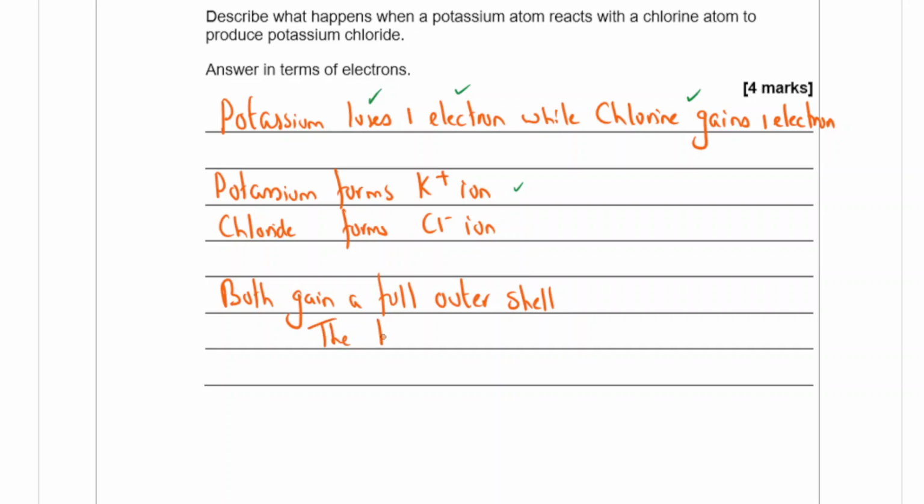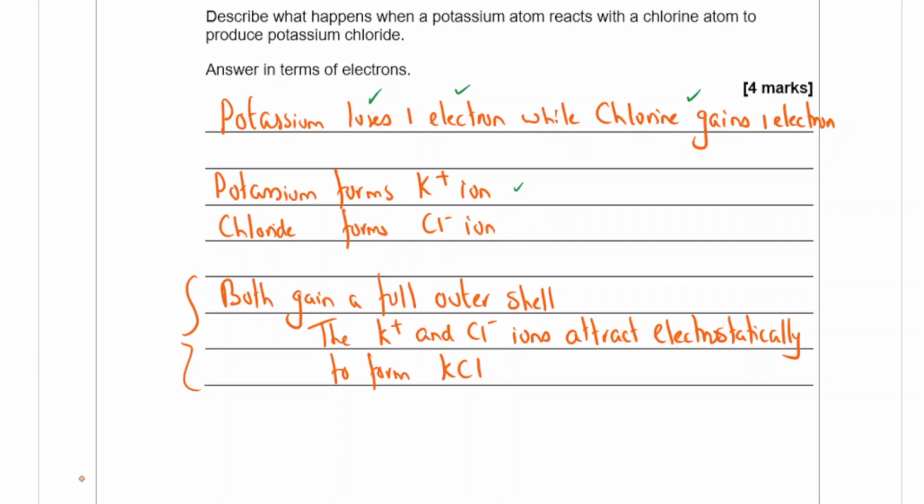The K plus and Cl minus ions attract electrostatically to form potassium chloride. Now, this bit you don't really need to write, but that's just for continuation and for clarity.